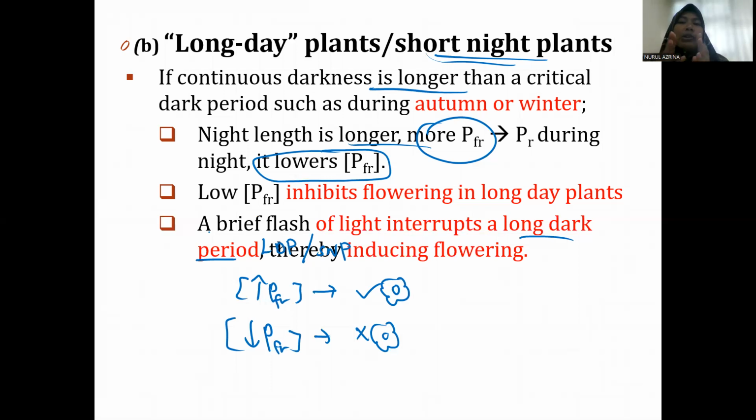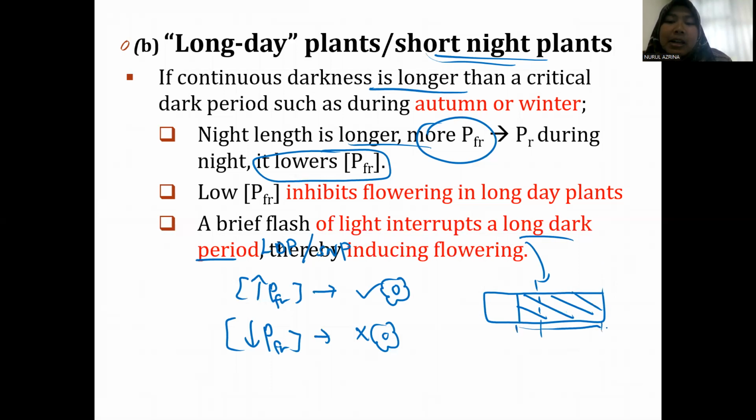So kalau you give them exposure to longer dark period, right? Suppose it will not flower, betul? Suppose dia takkan flower. Sebab remember, kalau dia punya tempoh gelap dia panjang, more PFR convert into PR. So then you have low concentration of PFR. So suppose it will not flower.